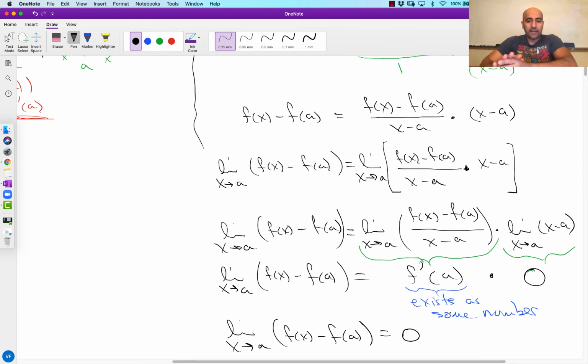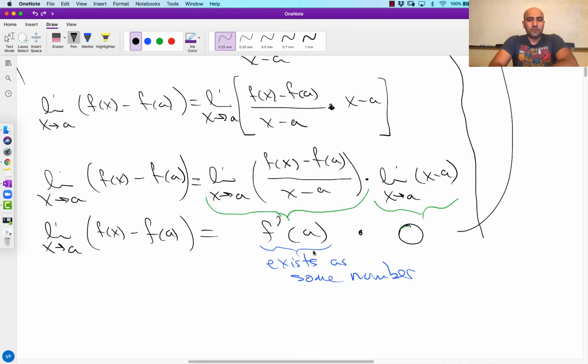Now, how is that going to be useful? Let's come back over here. All we need to establish is that this exists. We were given that the derivative is valid at a. It exists for some number. It doesn't matter what that number is, because any number times 0 is equal to 0. The only place where we might have an issue is if this doesn't exist, because "doesn't exist" times 0 doesn't equal 0.